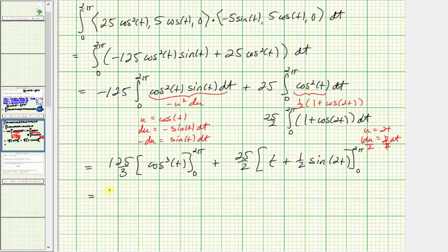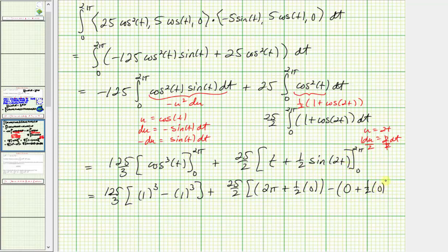So here we have 125 thirds times, when t is 2 pi, cosine 2 pi is 1, so we'd have 1 cubed, which of course is 1, minus, well, cosine 0 was 1, so we'd have 1 cubed, which is also 1, plus, here we have 25 halves times, when t is 2 pi, we have 2 pi, plus 1/2 times sine of 2t, which would be sine of 4 pi, which is 0, minus, when t is 0, we have 0, plus 1/2 sine of 0 is 0, so 1/2 times 0.